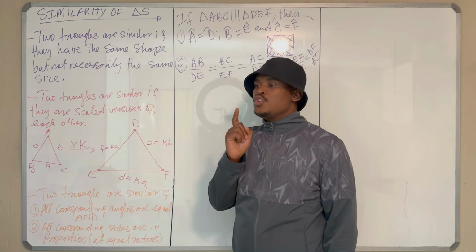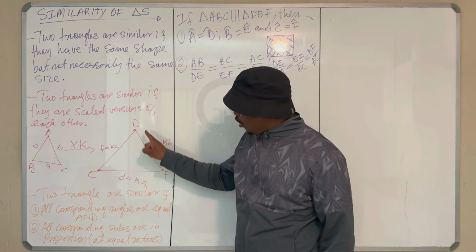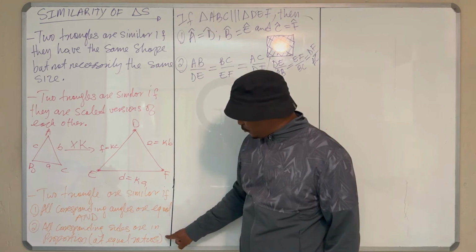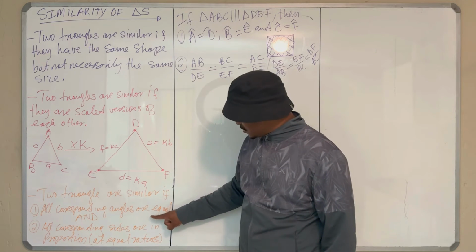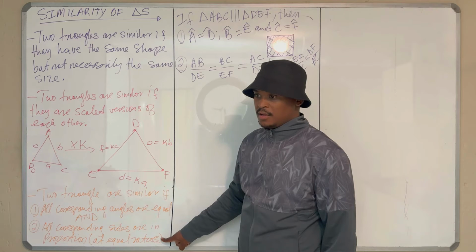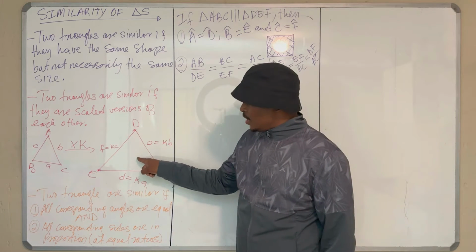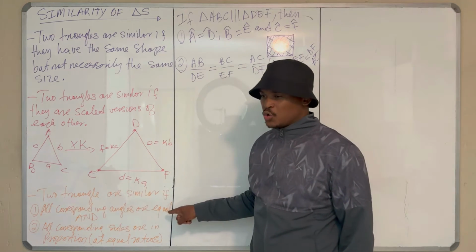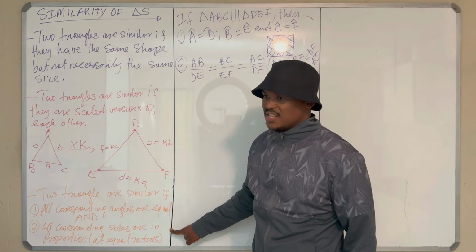So now this might be begging the question: since all of them are equal, is it okay to say that if number 2 holds, number 1 will hold as well? Or if this one holds, that one will hold as well? Because at this second definition, we have a problem of number 1 where we cannot show number 1, but we can show number 2, that all the corresponding ratios are equal.